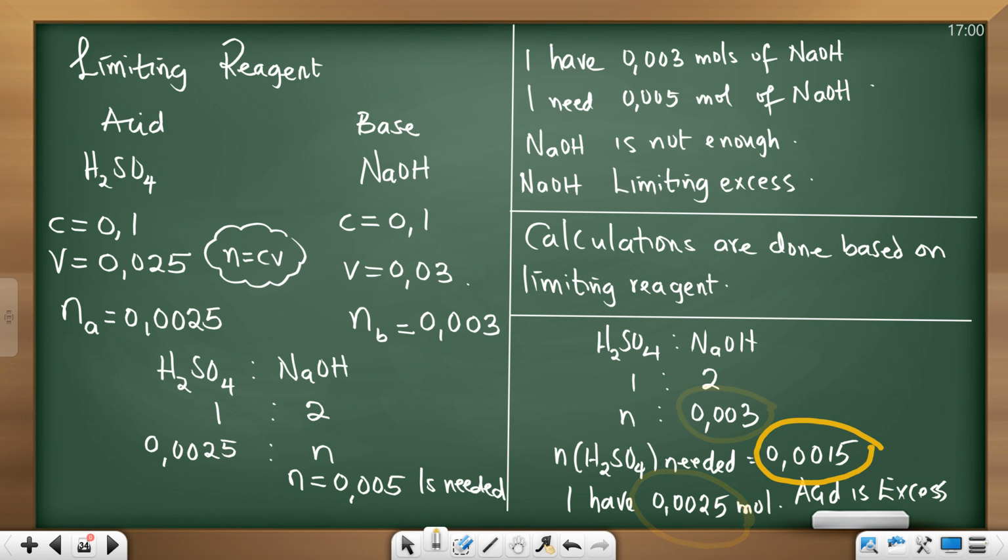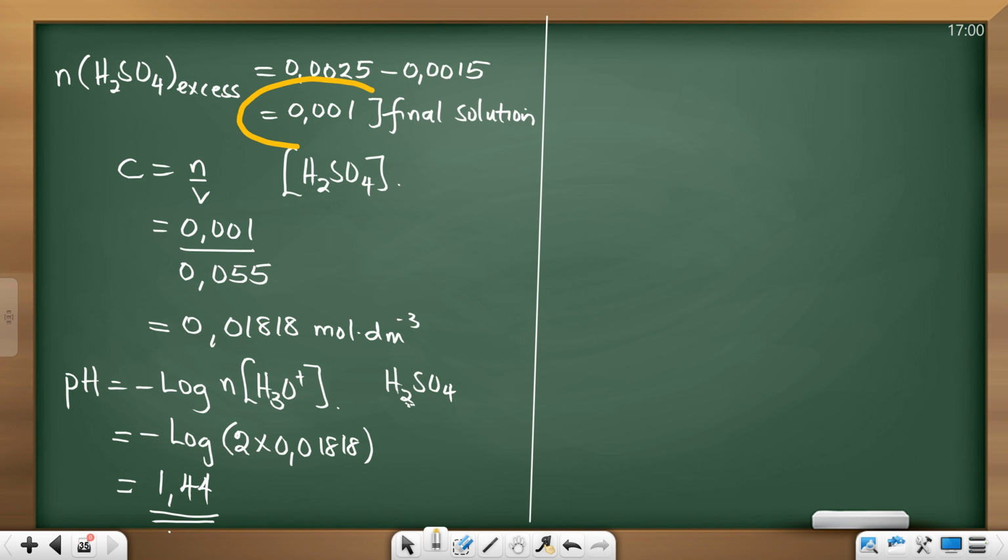That's what we explained so far. This could only neutralize this because it must be in the ratio of 1 to 2. So if I have 0,003, I have used up 0,0015. But what do I have? 0,0025. Do I have excess? Yes. What's the excess? This is the one that did not react.